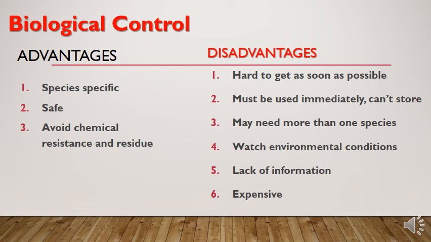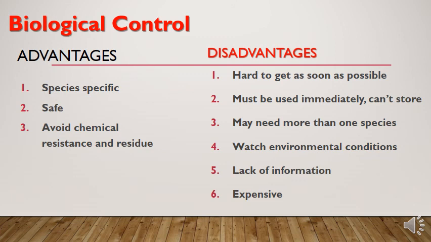The advantages of biological control include that this way is more specific for different species of the pathogen and safe for the environment and humans, and we can avoid chemical resistance and residue for the pathogen. But there are disadvantages: it is hard to get as soon as possible, must be used immediately and cannot be stored, and may need more than one species.